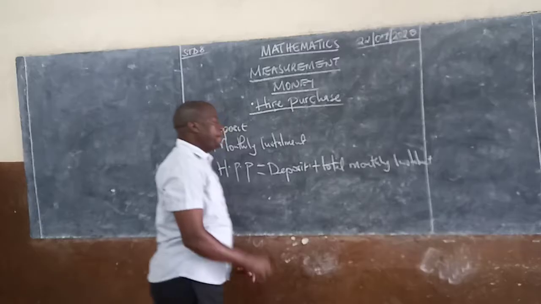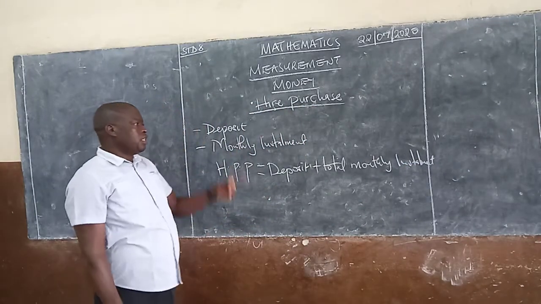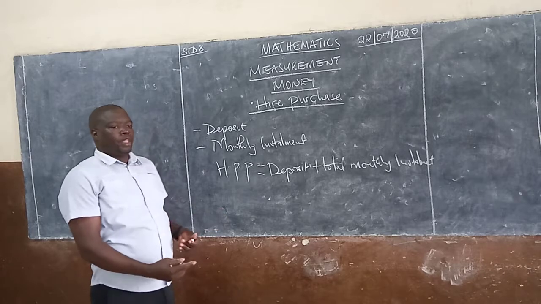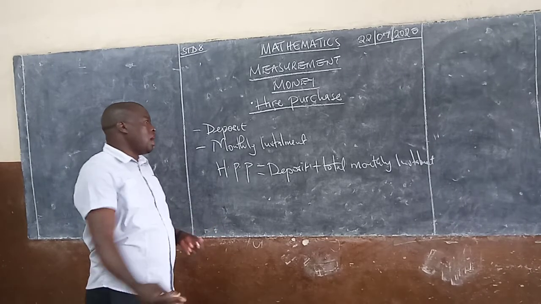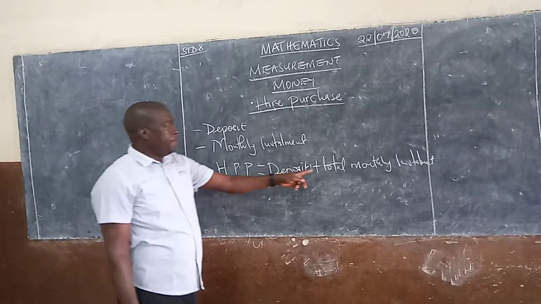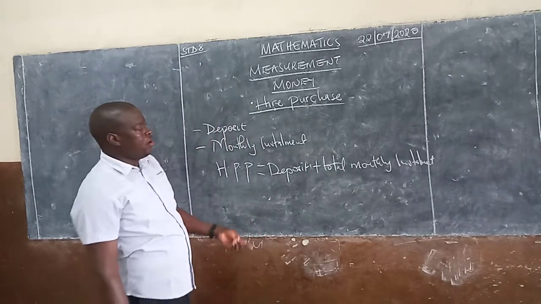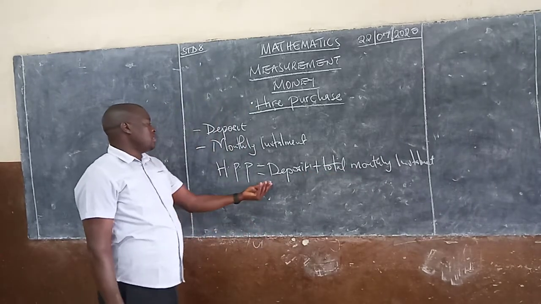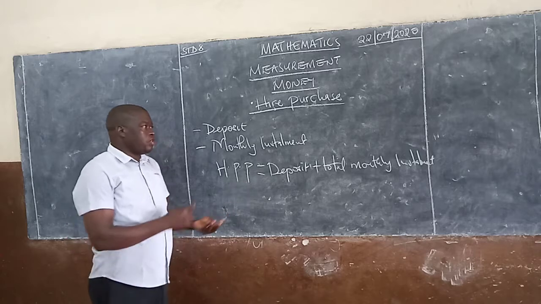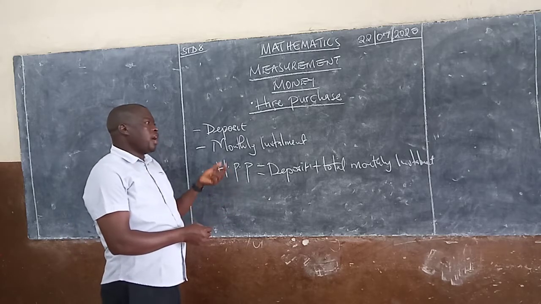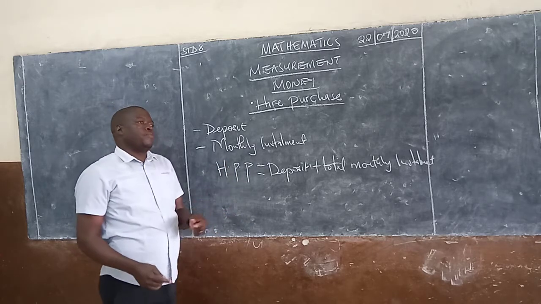So if we have the deposit, that is the money paid before you are allowed to take the item, plus the total monthly installments, we are able to say that is the hire purchase price.